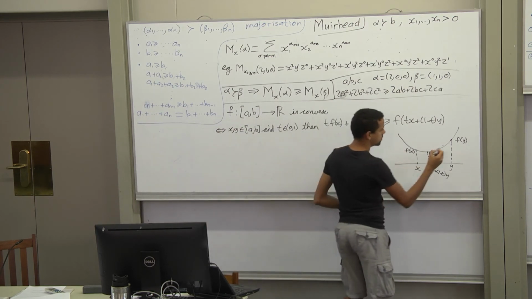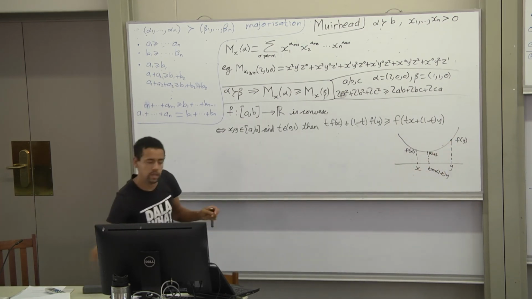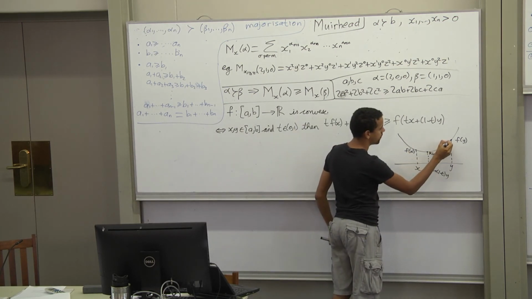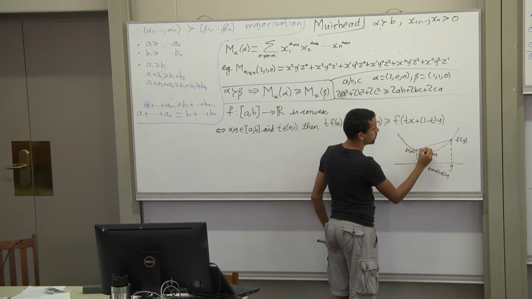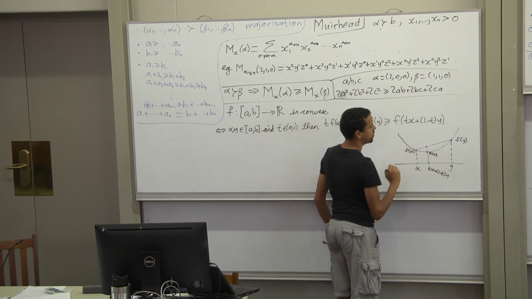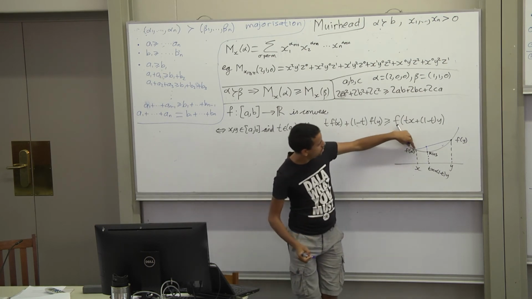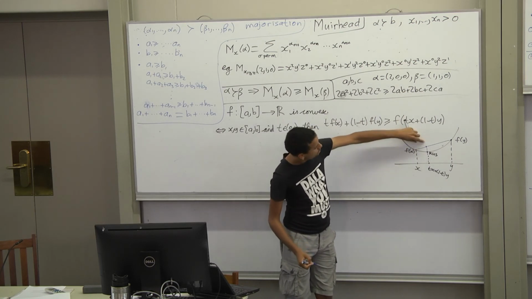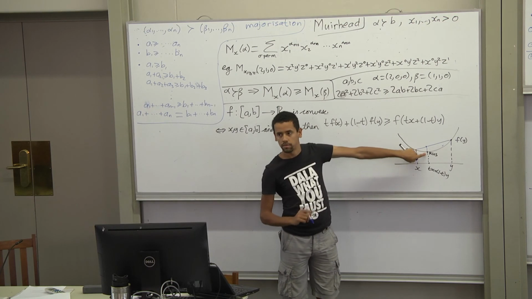And what that is, if we draw a line between f of x and f of y, it's that value on the line. As t moves between 0 and 1, we move along this line over here. So that value has to be greater than the value on the curve.